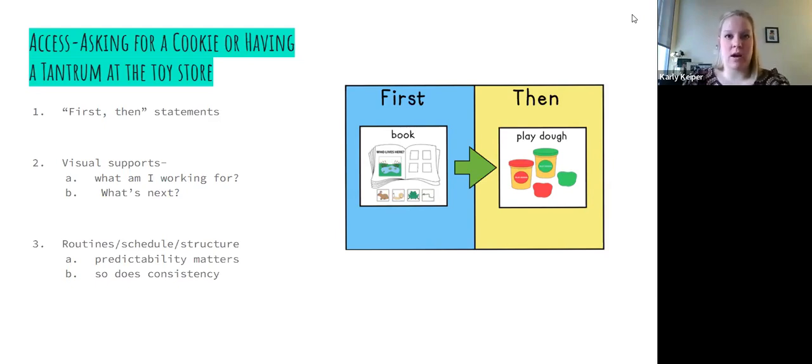She didn't put the movie on, or dad didn't play outside with me like he said he was going to. So now I'm going to show him maladaptive behavior. So predictability and structure are wonderful, but also make sure that you're consistent. So when you're saying something, try and follow through every time. And if you can't, it can be helpful to explain to your child why you can't do it that time.